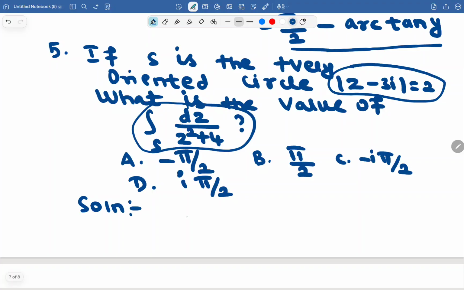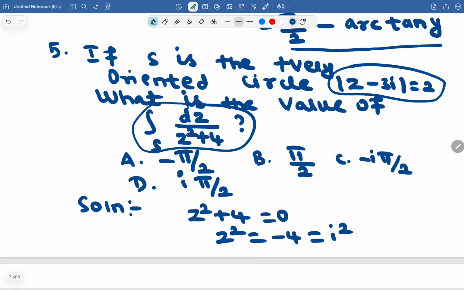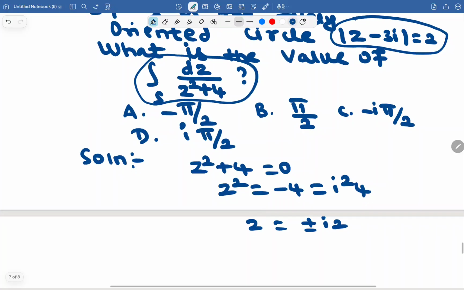Solution. First of all, find the poles. For finding poles, equate denominator to 0. Z square plus 4 equivalent to 0. Z square equals minus 4, which is i square 4. Z equivalent to plus or minus 2i. Now check among the two values for z, which one lies inside the circle modulus of z minus 3i, which is equivalent to 2.